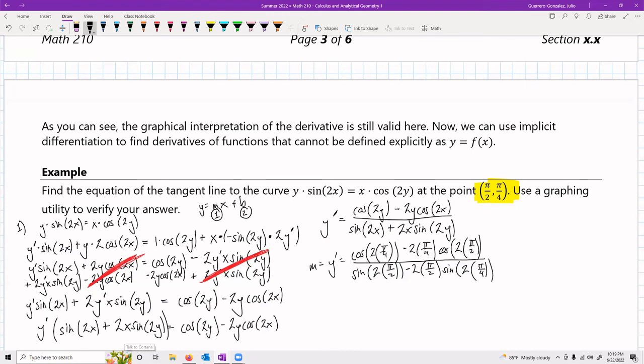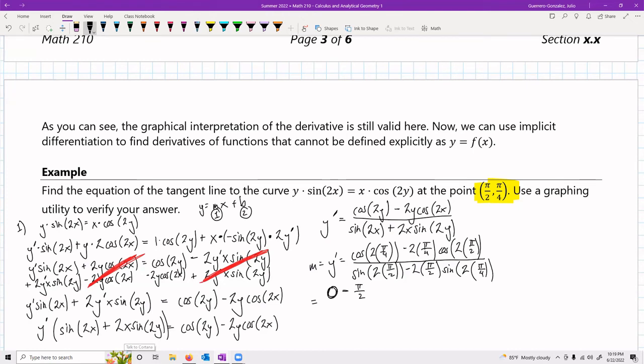So I'm going to go ahead and start computing this out. Cosine of 2 times pi over 4. 2 times pi over 4, that's going to be pi over 2. Cosine of pi over 2, that is 0. Minus 2 times pi over 4, we know that's pi over 2, times cosine of 2 times pi over 2.